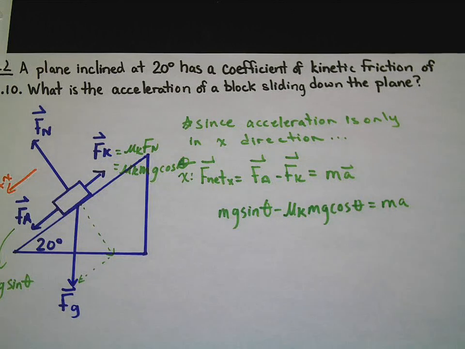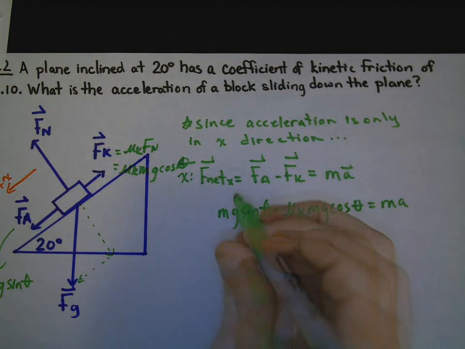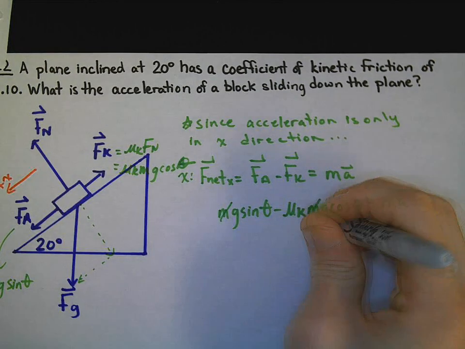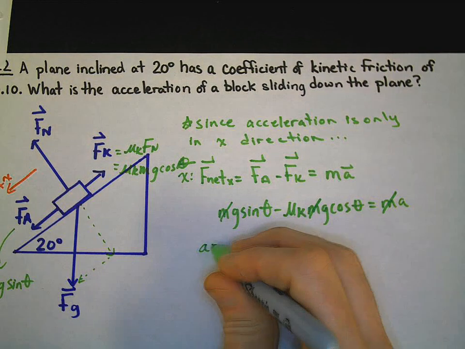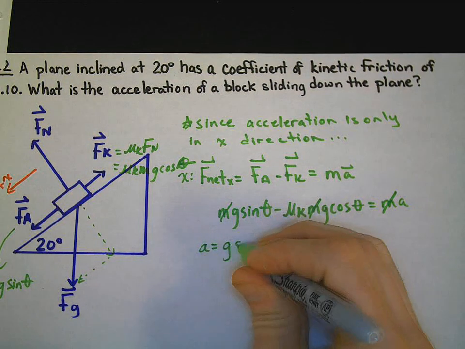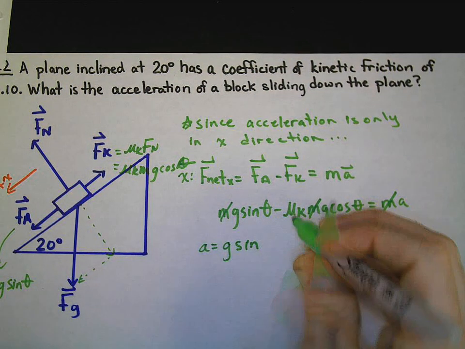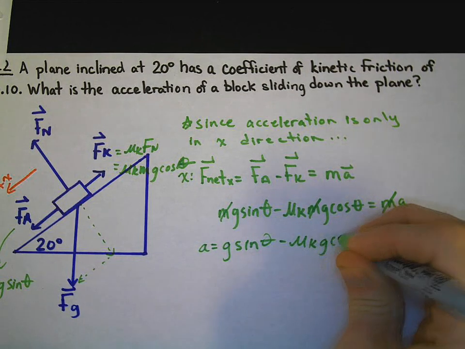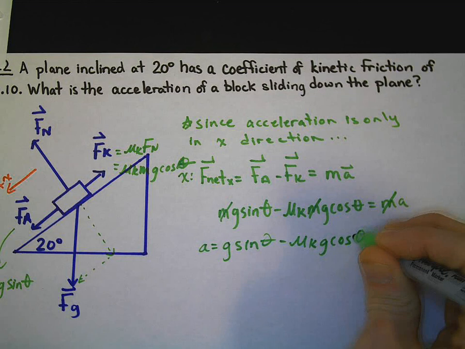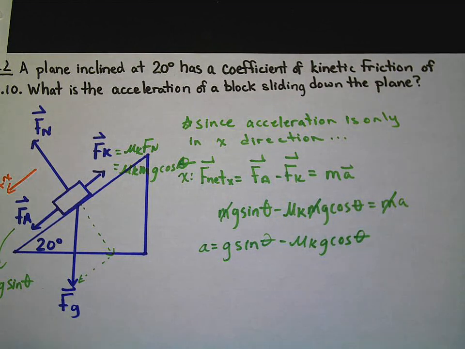And a very similar trick to the last question: each term, yet again, has a mass. So therefore, acceleration will merely be g sine theta minus mu k g cos theta.